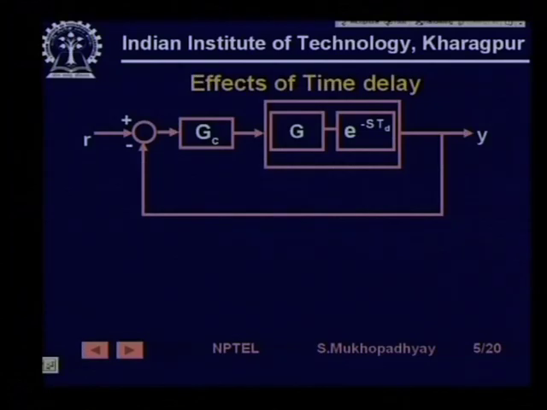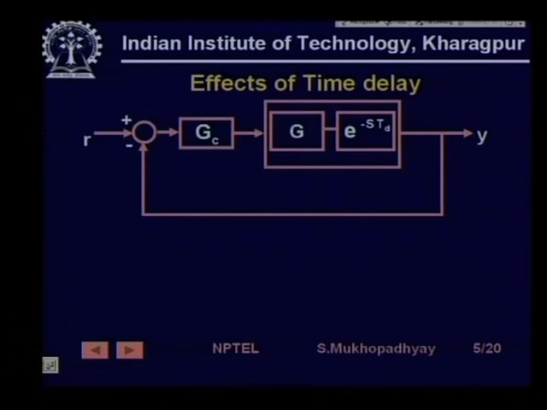So this is exactly what tends to happen in a process loop if the controller gains are high, that it will tend to oscillate. So now let us analyze this phenomenon a little more technically.